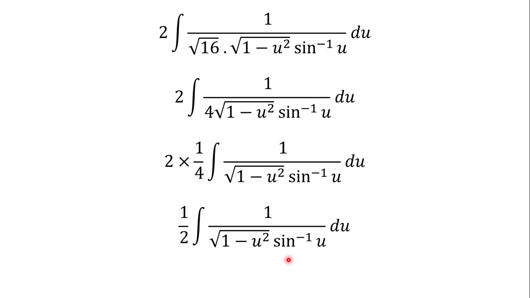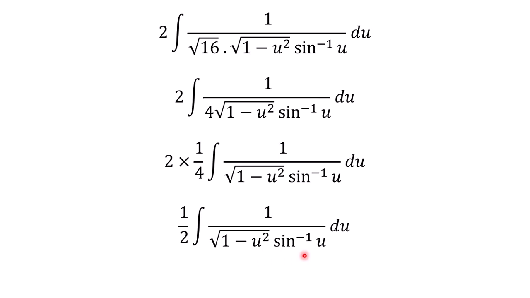And what will be the value for theta? That is the sine inverse of u. Maybe if you don't get that, you didn't spread the numbers and the variables well on the right angle triangle. So we know that the integral of 1 over square root of 1 minus u squared is sine inverse of u.